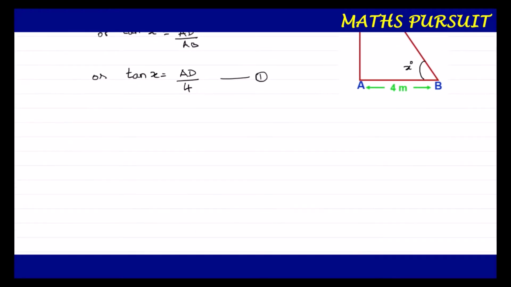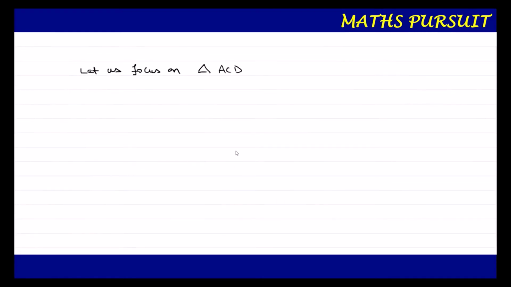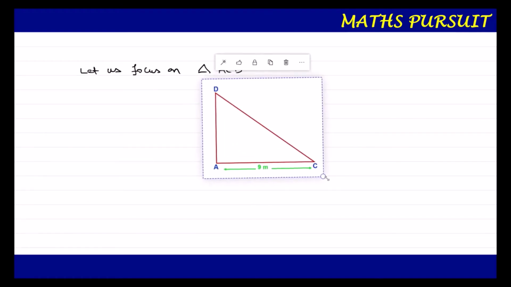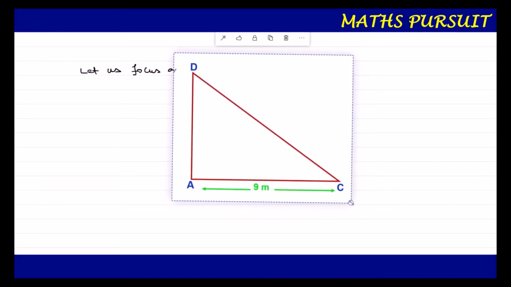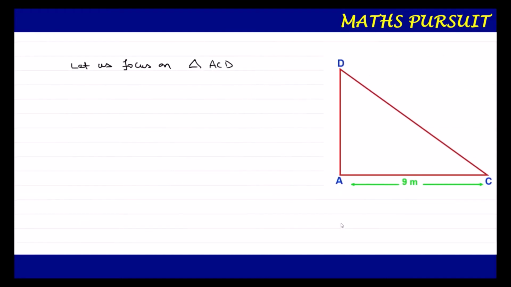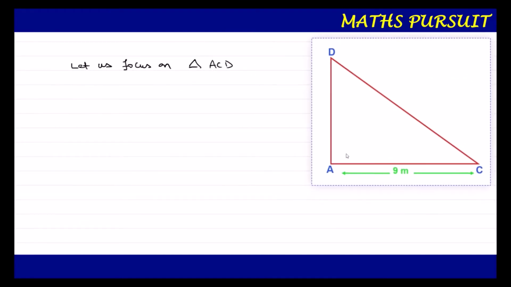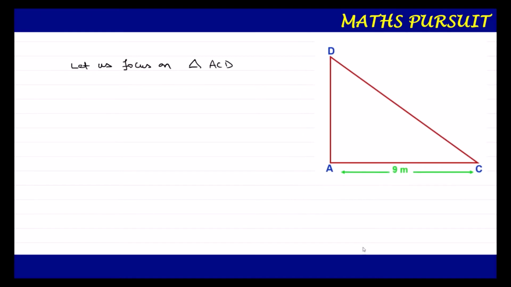Let us focus on triangle ACD. If we look here to the triangle ACD, the diagram that can be extracted from it will look like this.